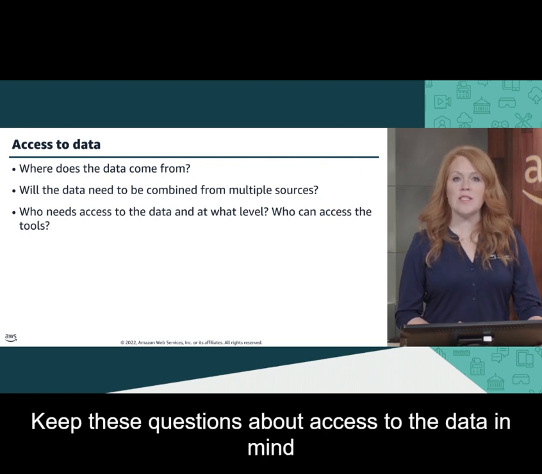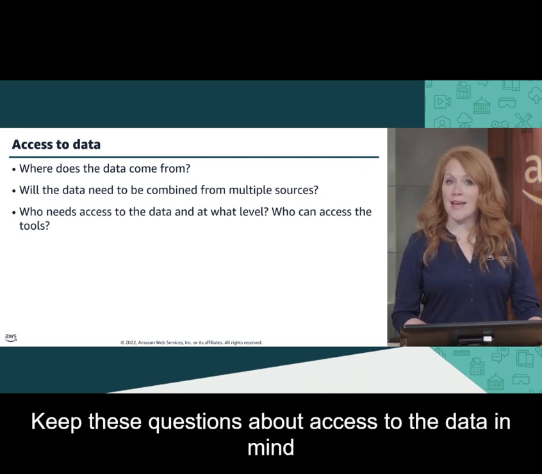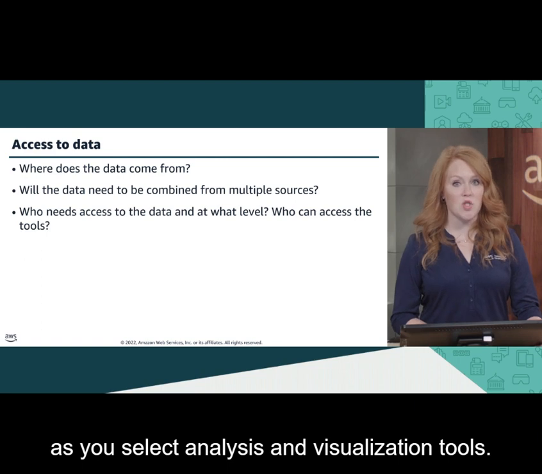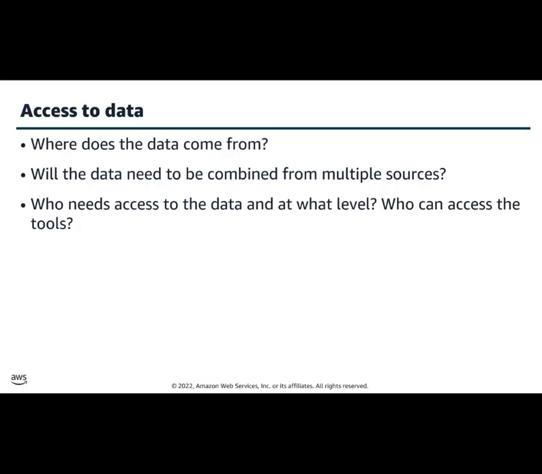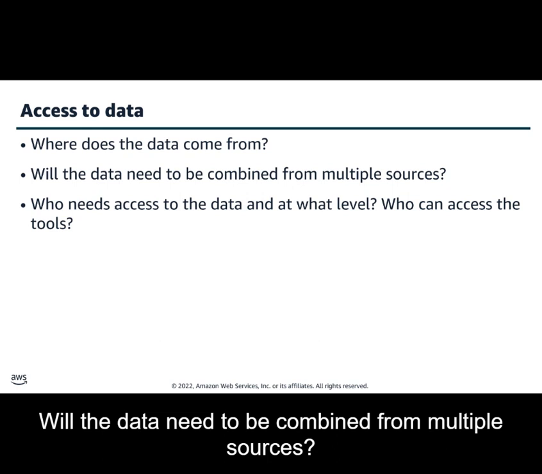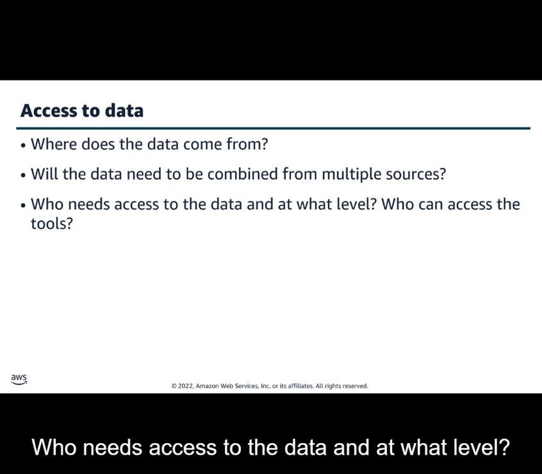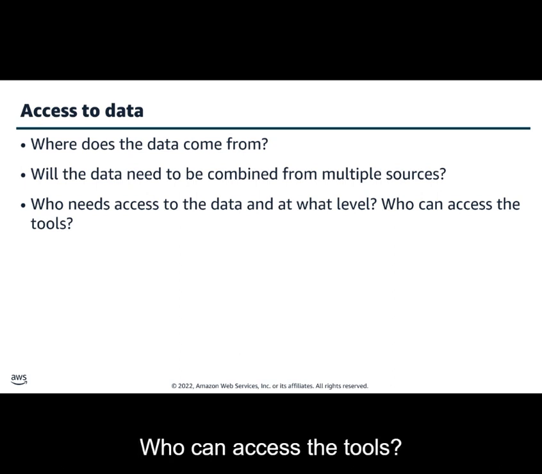Keep these questions about access to the data in mind as you select analysis and visualization tools. Where does the data come from? Will the data need to be combined from multiple sources? Who needs access to the data and at what level? Who can access the tools?